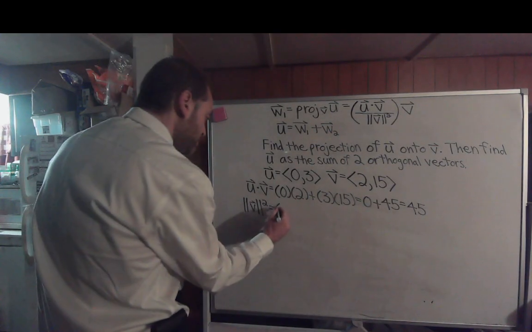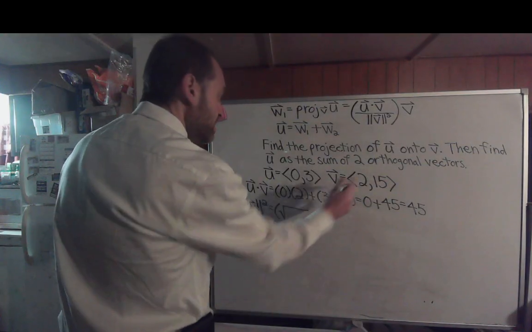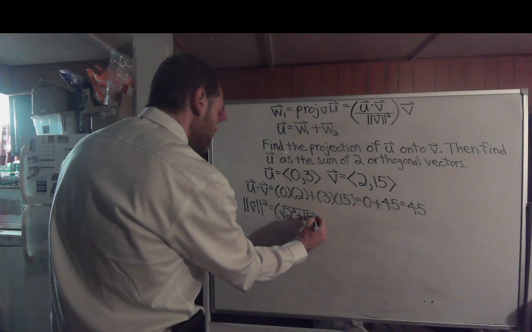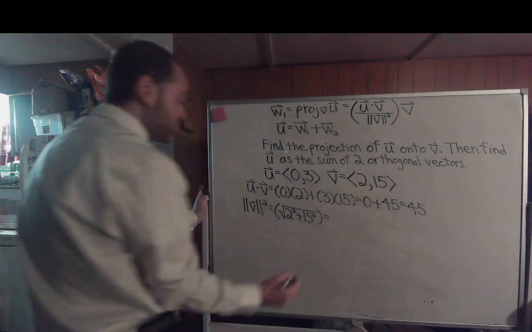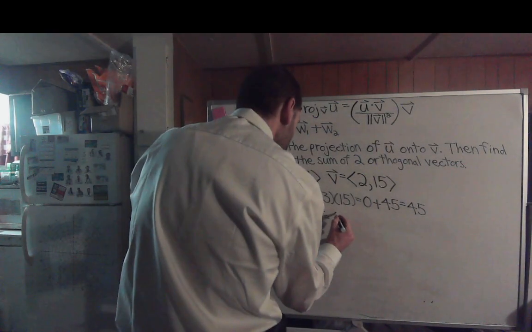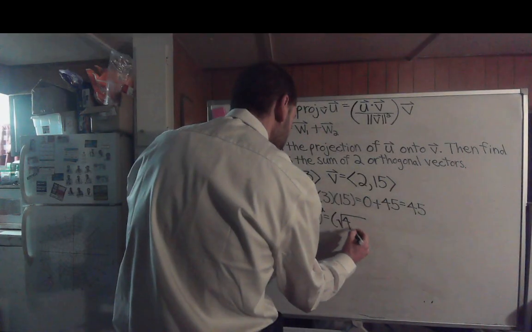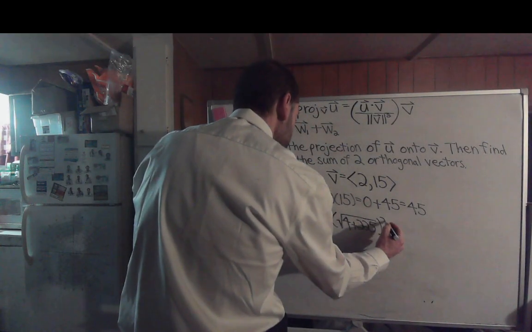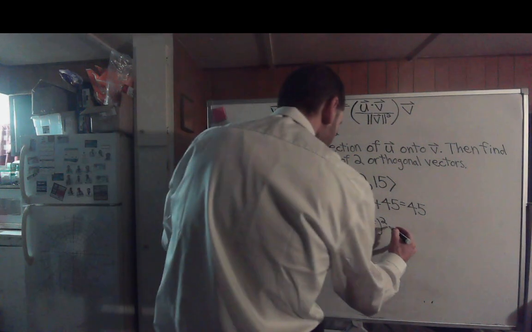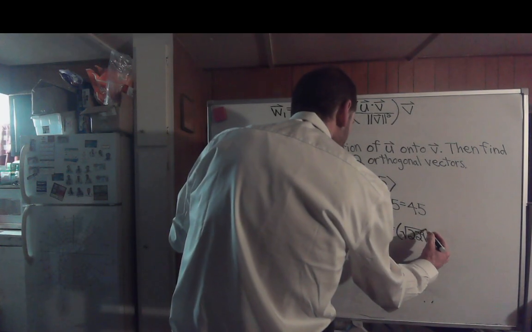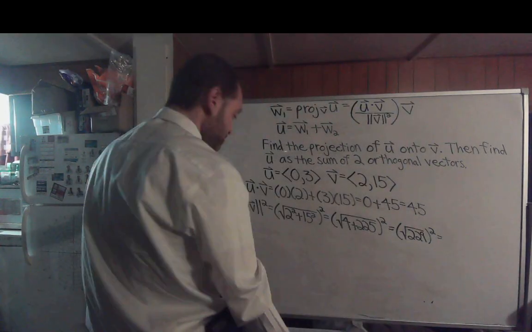So that's going to be equal to the square root of 2 squared plus 15 squared, that whole quantity squared, which would equal the square root of 4 plus 225, that quantity squared, which would equal the square root of 229, that whole square root raised to the second power, which would just give you the magnitude squared being 229.